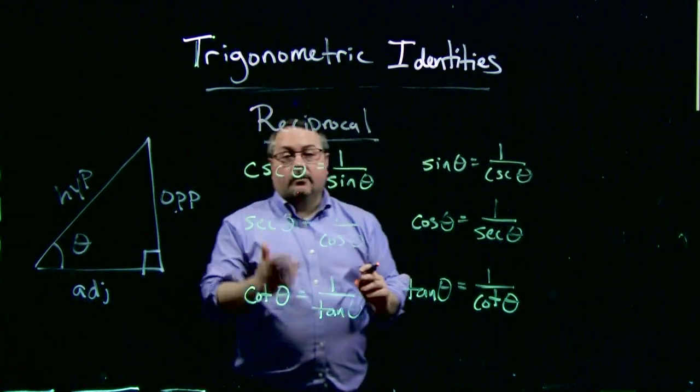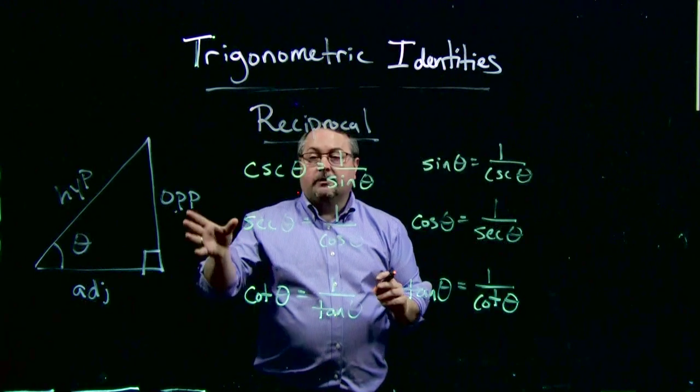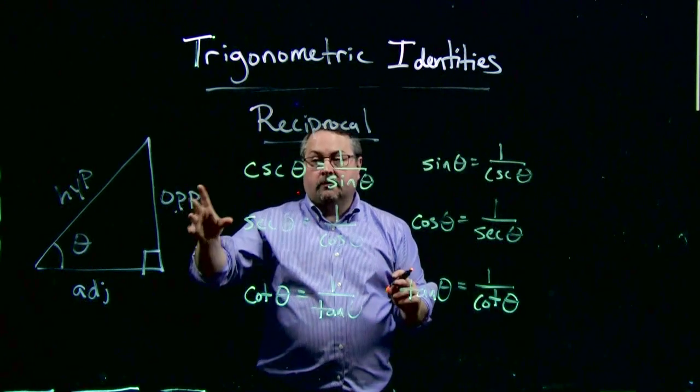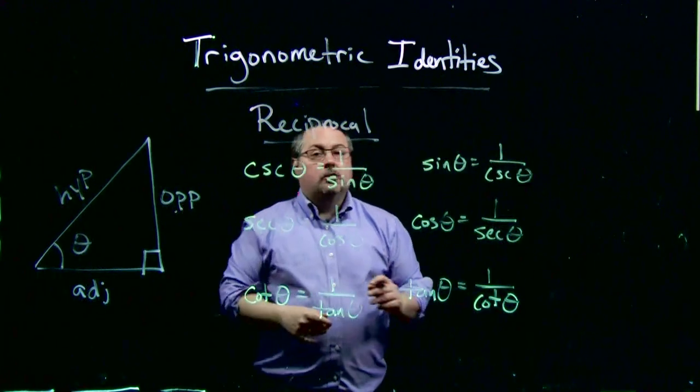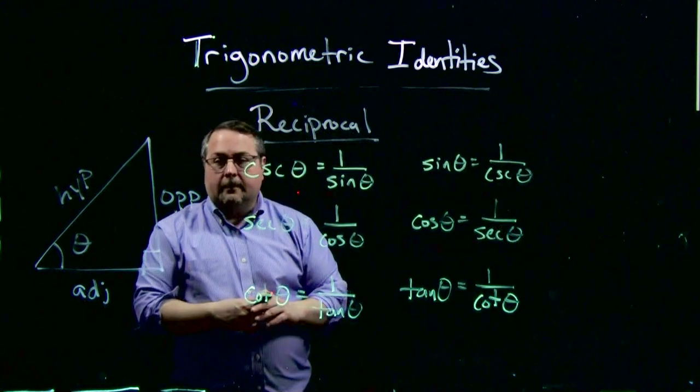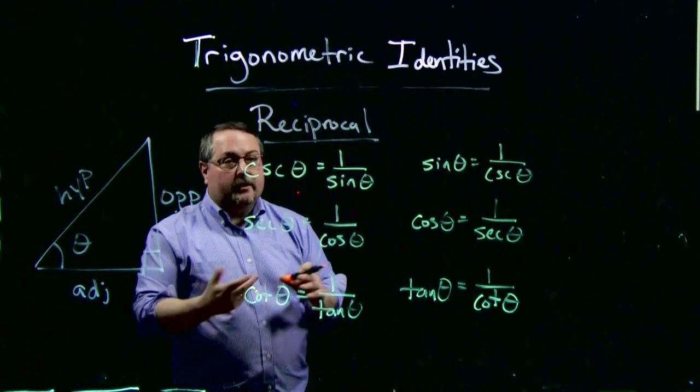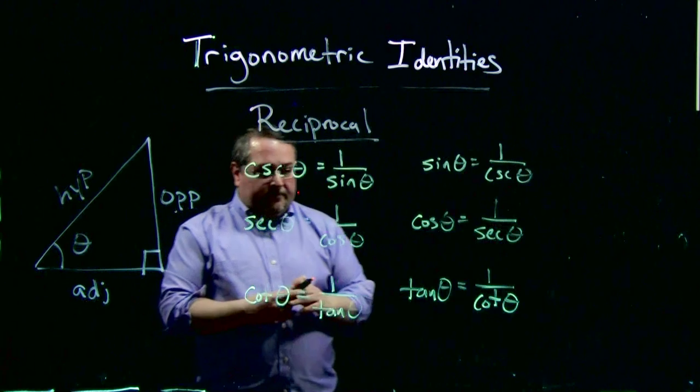Once again, those come very naturally from the definitions of the 6 trig functions using ratios, so I won't go through the effort of actually verifying them just for the interest of time.